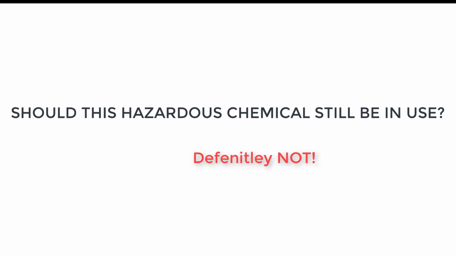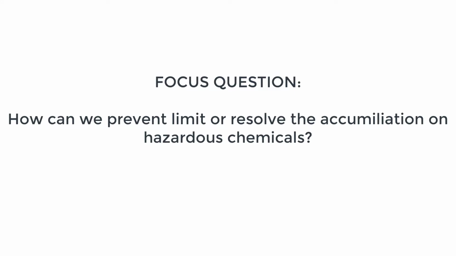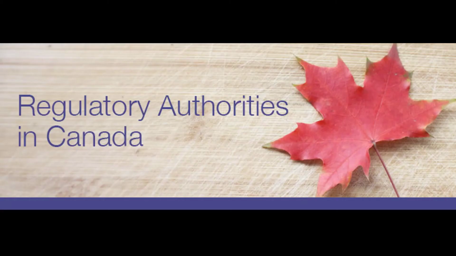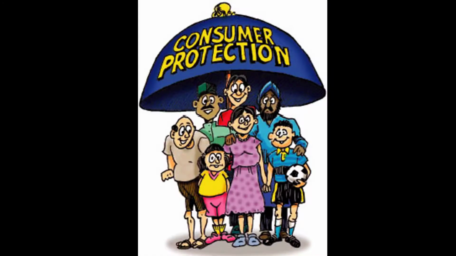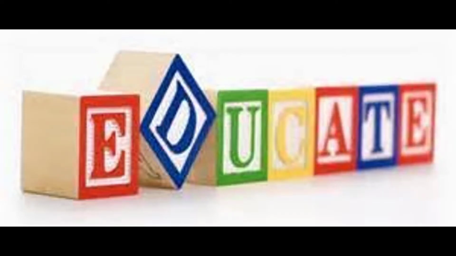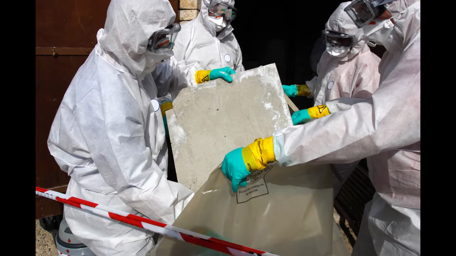Definitely not. And therefore, in order to answer the focus question, how can we limit the use of these hazardous materials, or how can we eliminate them altogether, regulatory authorities should be set up to enforce safety standards and to protect consumers in the market. Secondly, they should educate the public on hazards of asbestos and the safe handling of asbestos-containing materials.